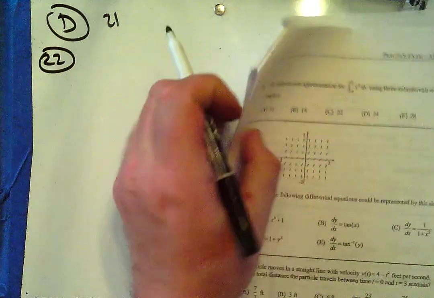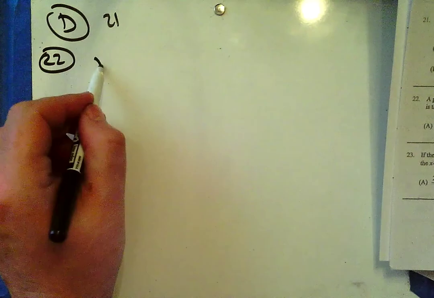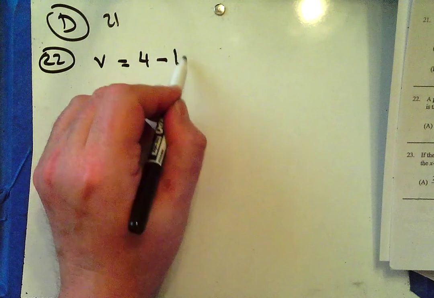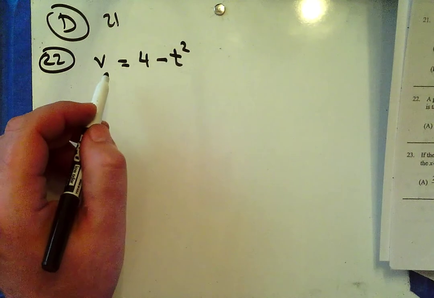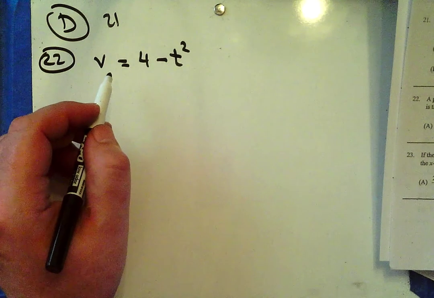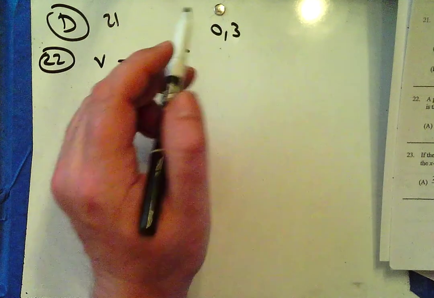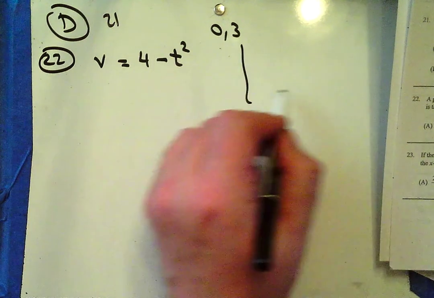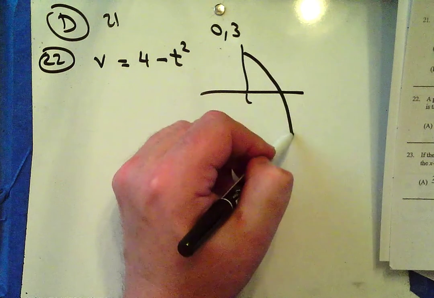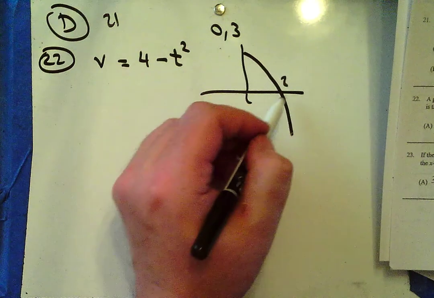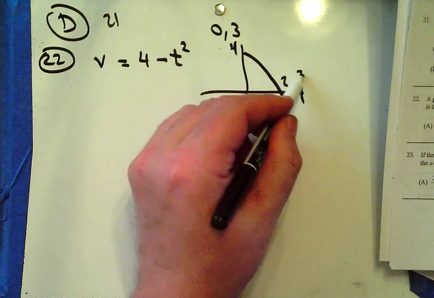22. Particle moves in a straight line with the velocity v equals 4 minus t squared. What is the total distance the particle travels between 0 and 3? Okay, so when I think about this graph, that's 2, that's 4, and there's 3.